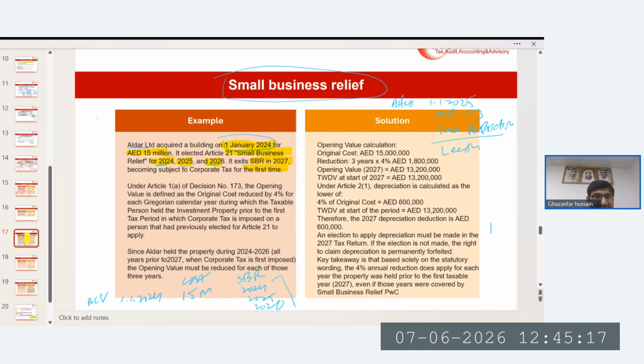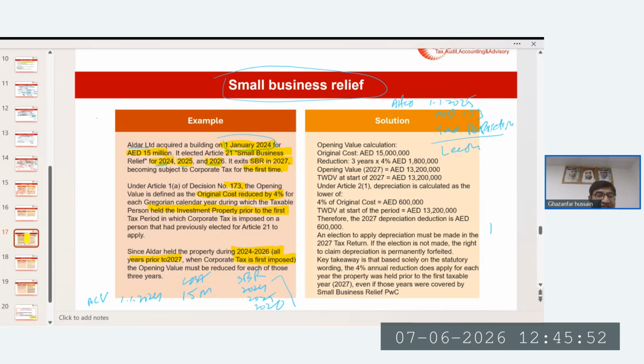Under the article, the Cabinet Decision 170, the opening value is the original cost reduced for each Gregorian calendar year during which the taxable person held investment property prior to the first tax period. Tax is imposed on the taxable person who has previously elected for Article 21. Aldar held the property during 26, all the years prior to when corporate tax is first imposed.